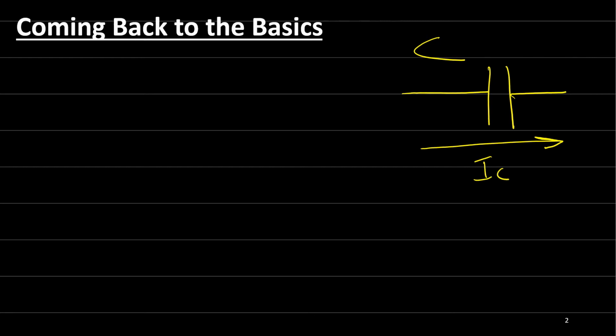By definition, the current IC equals the capacitance value times the first derivative of the voltage applied on this capacitor, C times dV by dt.